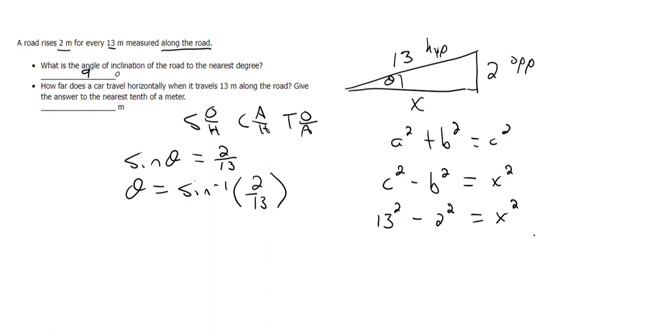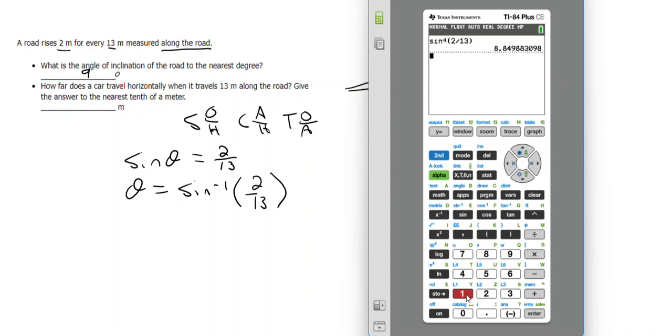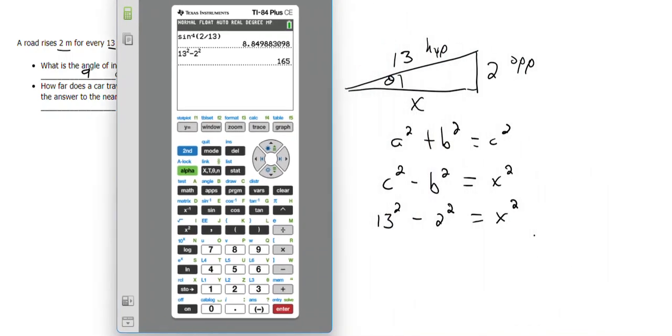So if you grab your calculator, 13, and then the squared button is like x to the 2 on my calculator. It might look a little different on yours. So 13 squared minus 2 squared, which is just 4, but I'll write 2 squared. That's equal to 165.